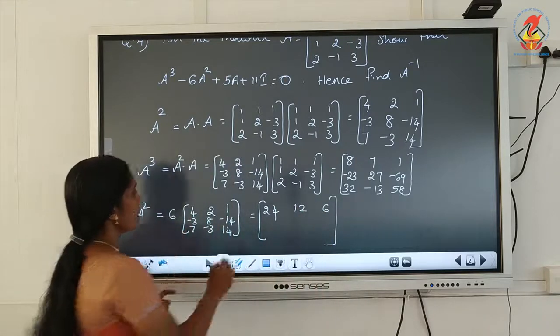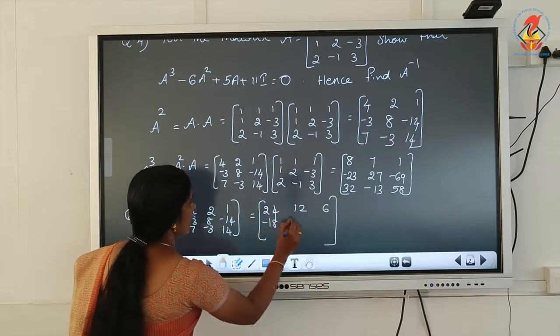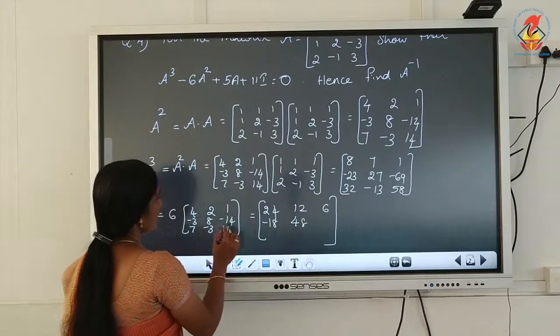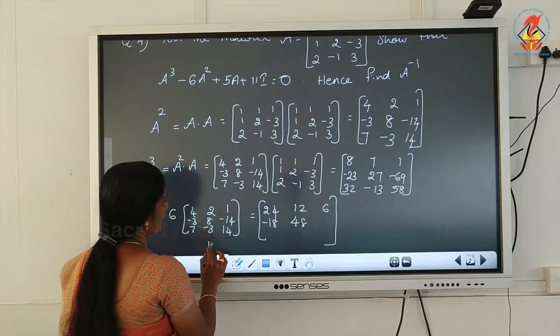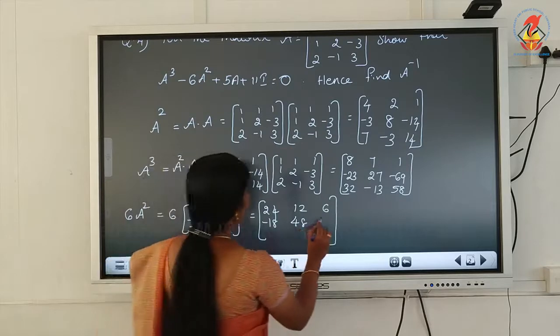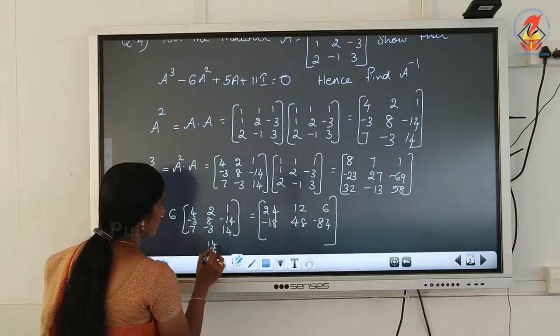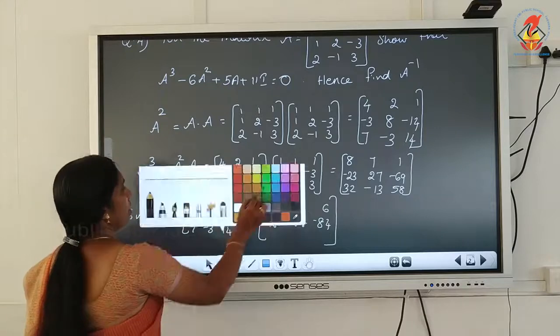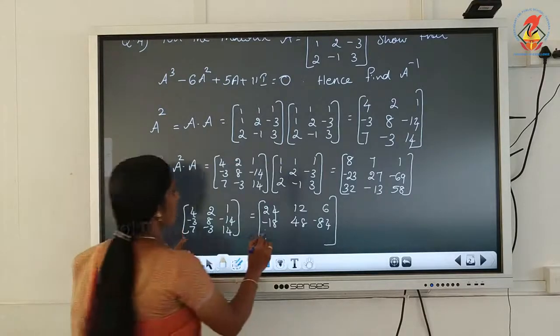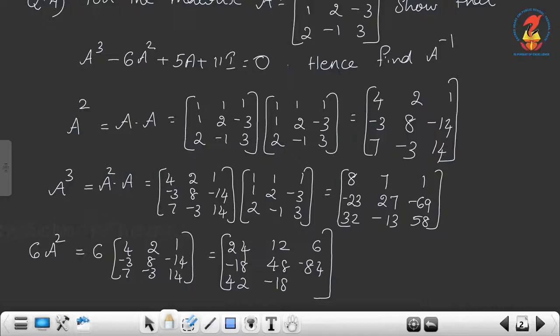Next row, 6 into minus 3 is minus 18, 6 into 8 is 48, 14 into 6, that is 84. Now the last row, 6 into 7, that is 42, minus 18, then 84.